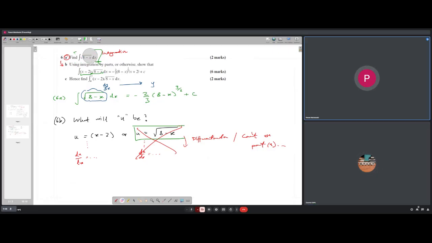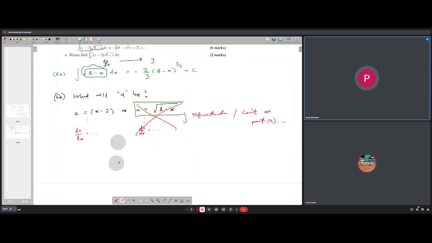Main point here is you want to use your answer to part A. So you want to be integrating either x minus 2 or square root of 8 minus x. So the question is, which one do I want to integrate? Well, I want to integrate the second term. So if I did set it to u, I wouldn't be able to do that. So that's why we don't do that.